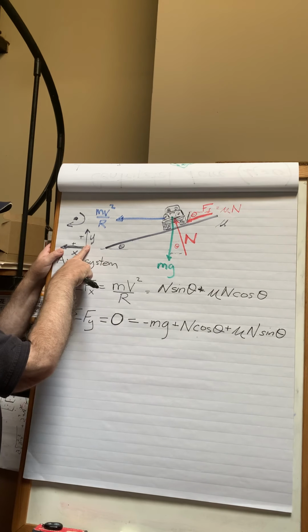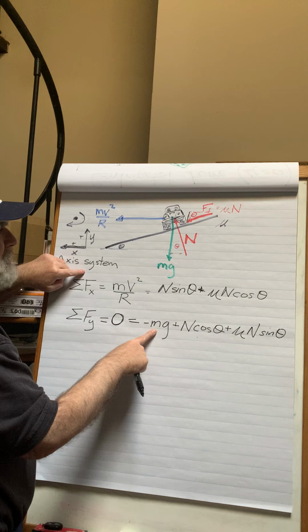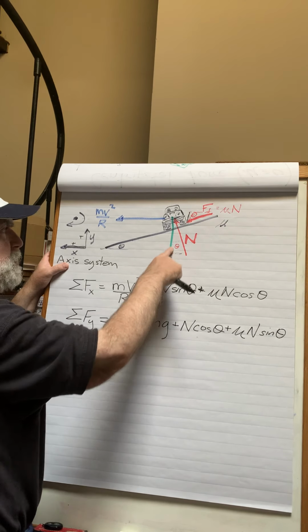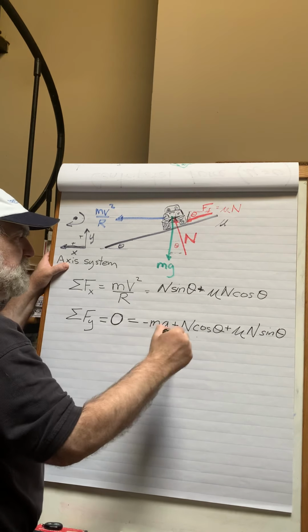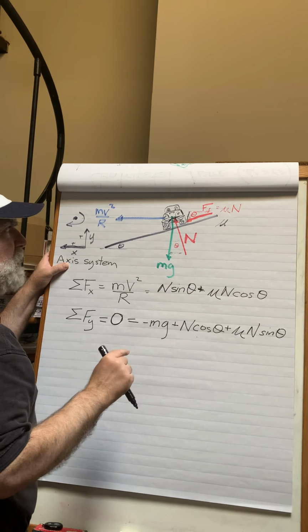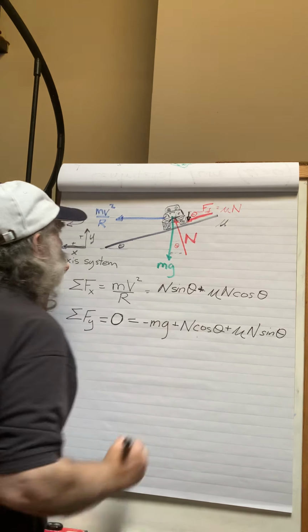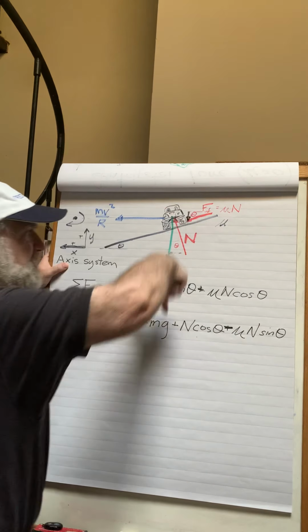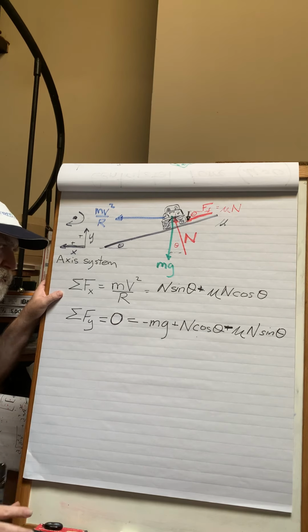In the y direction, we have mg acting downward, negative. We have the normal force, which is a cosine piece, and it is positive upward, so it stays positive. And I also have this part, which is in the negative direction. It's acting downward. So it's always good to stop, make sure you've got your sign conventions right.